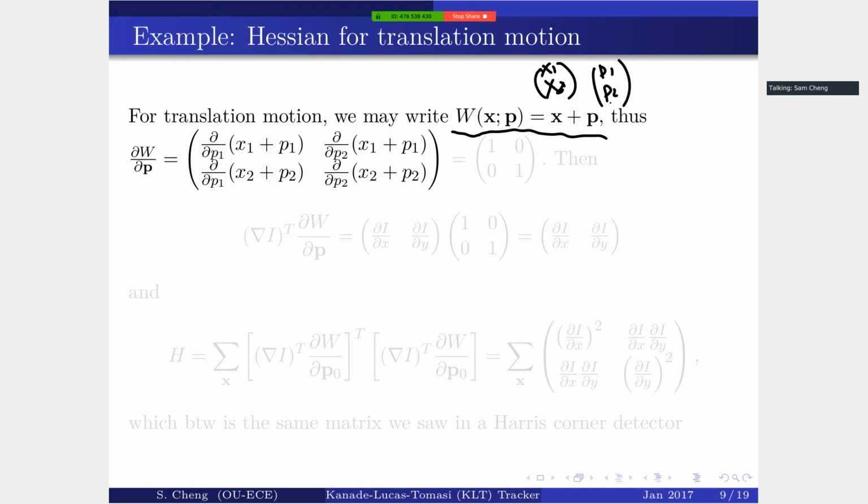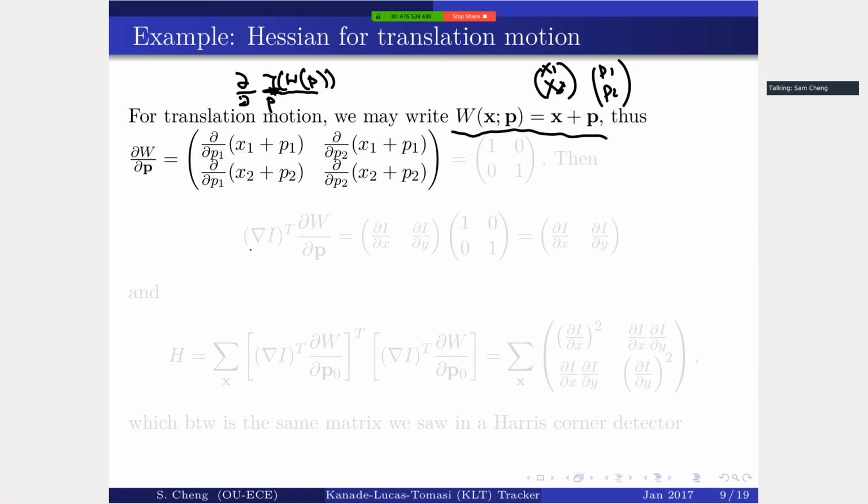Now if I take the Jacobian of I with respect to p, I put two partial derivatives here. As I mentioned, I itself is a function of w, which has p inside. So I can first do the derivative with respect to I.